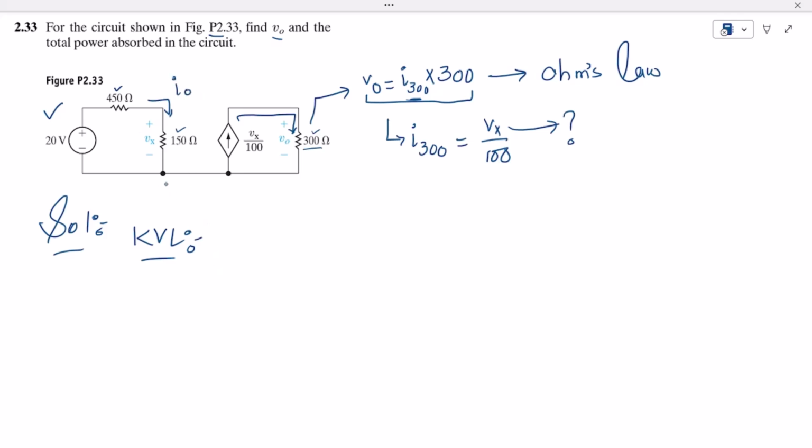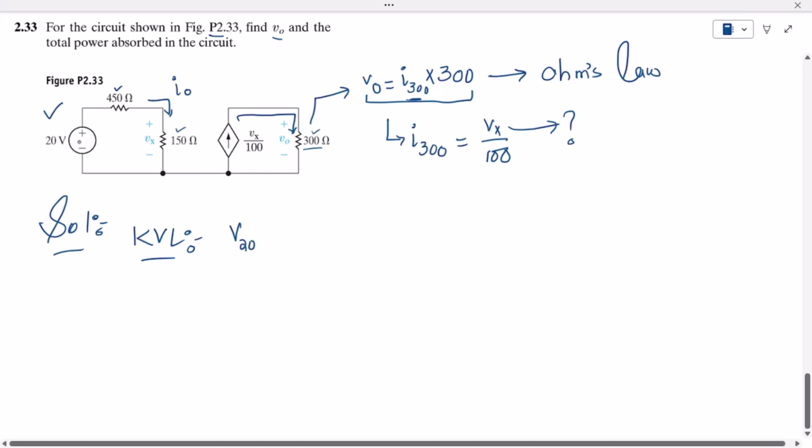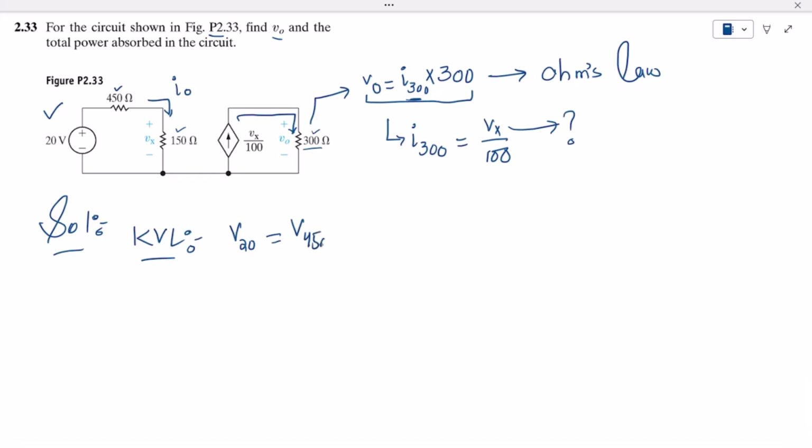According to the KVL, V20, which is the voltage across this 20 volt source, is equal to the V450 plus V150. V450 is across this 450 ohm resistance, and V150 is described by this Vx in our question.